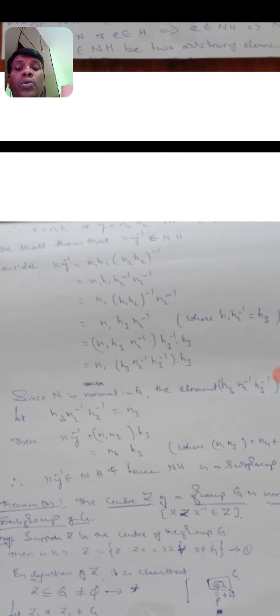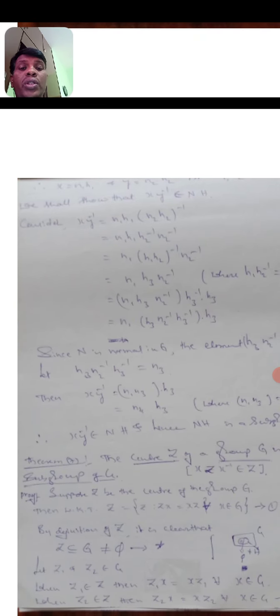Therefore, x is equal to n1 into h1 and y equal to n2 into h2. We shall show that x into y inverse belongs to NH. Now consider x y inverse, which is equal to, where x is n1 into h1 and y inverse is n2 into h2 inverse. Because y means n2 into h2, its inverse is h2 inverse into n2 inverse. So that is equal to n1 h1 into h2 inverse into n2 inverse.